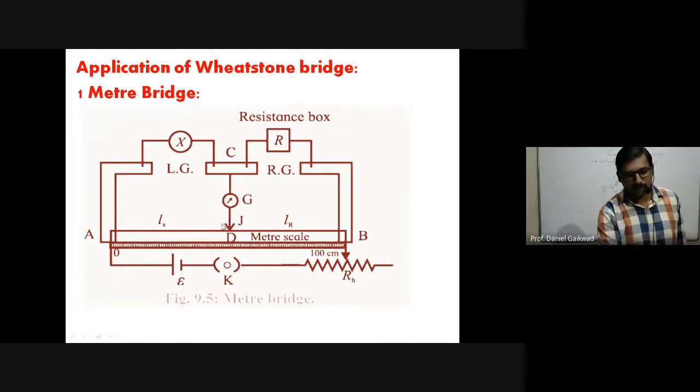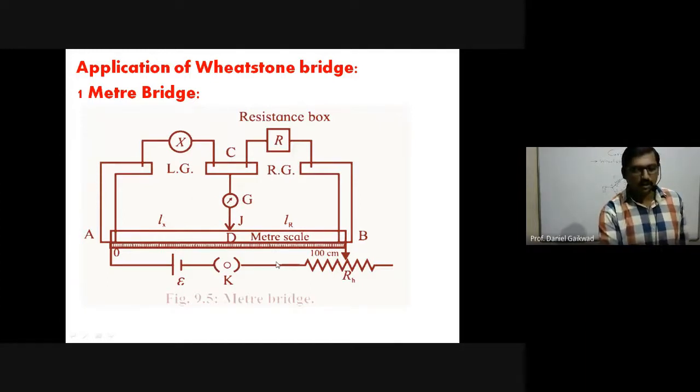Now we touch from A towards B at different points on the wire. It is found that at a certain point D on the metal wire, the galvanometer shows null deflection, meaning zero deflection. For that case, this particular meter bridge is said to be in balance condition.